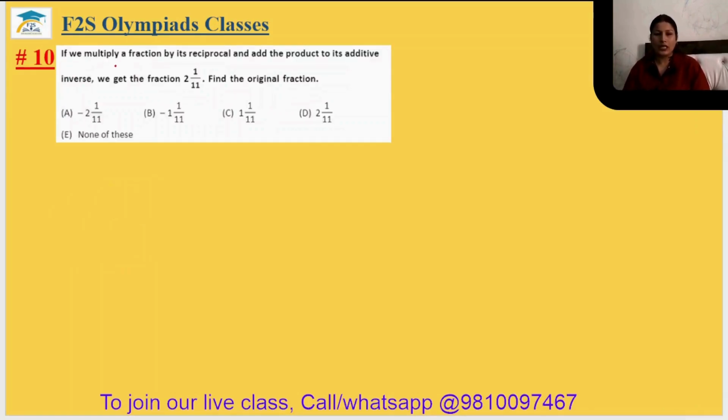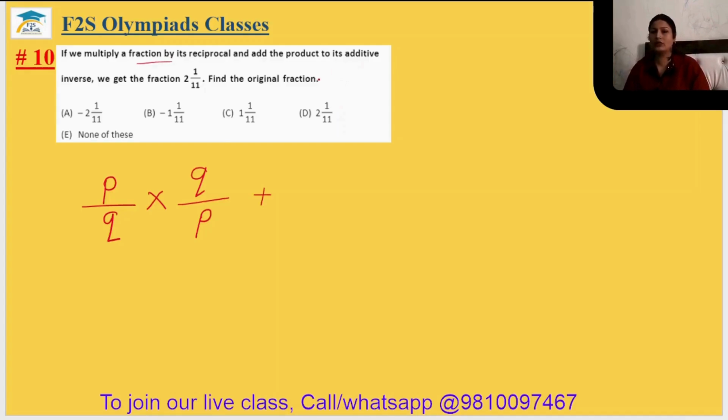Question number 10. If we multiply a fraction by its reciprocal and add the product of its additive inverse, we get 2 1 by 11. Find the original fraction. Suppose that the original fraction is P by Q. This fraction is multiplied by the reciprocal of it. Reciprocal means numerator and denominator will exchange their positions. So Q upon P. Add with its additive inverse.